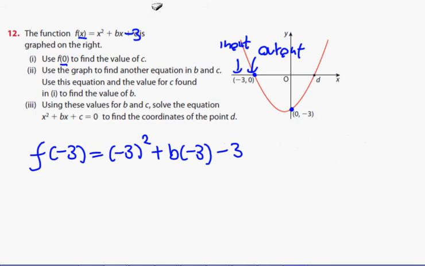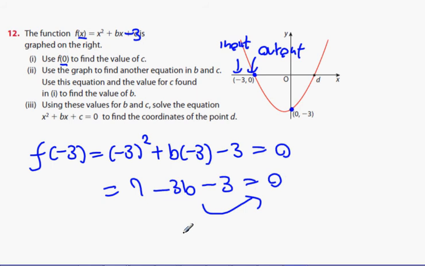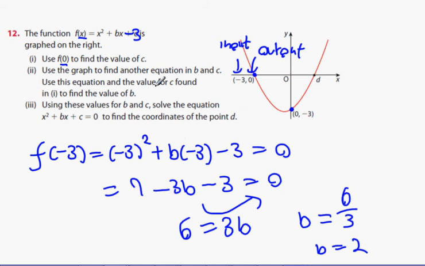The output is going to be 0. So 9 minus 3b minus 3 equals 0. Bring the 3b over the other side. We're going to get 6 equals 3b. b therefore equals 6 divided by 3, which is 2. b equals 2.